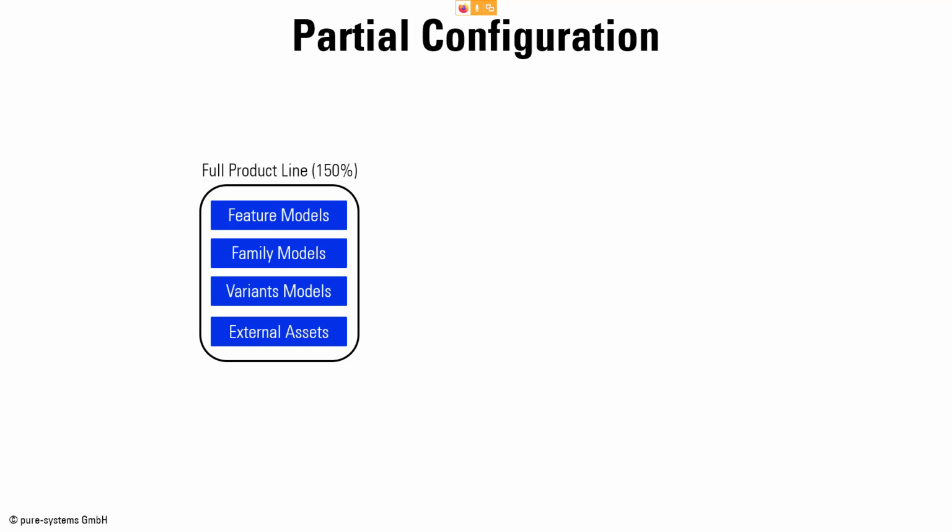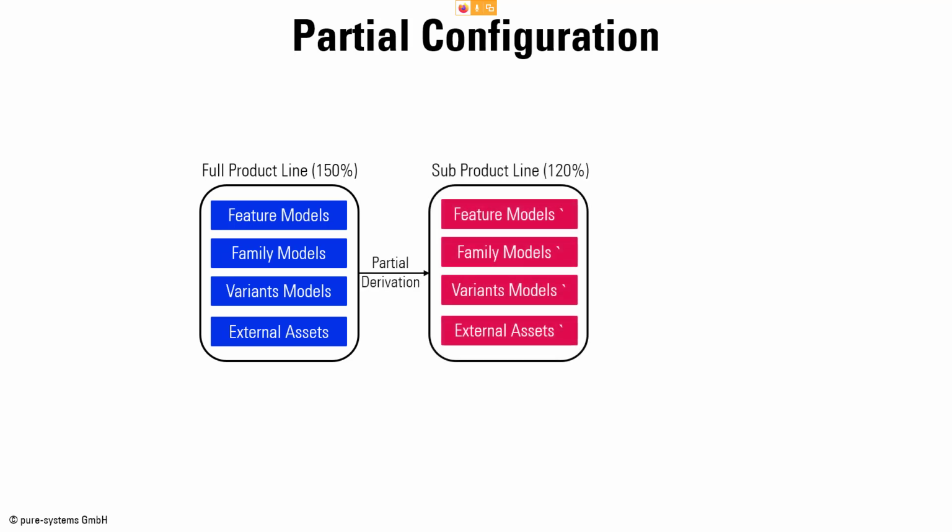And well, that's still possible, but we now also have the partial configuration in Pure Variance 5.0 that allows you, instead of instantly deriving the 100% assets from your 150% assets, to have in-between steps, so to stepwise derive maybe a sub-product line, let's call it like this here, of engineering assets out of your 150%.